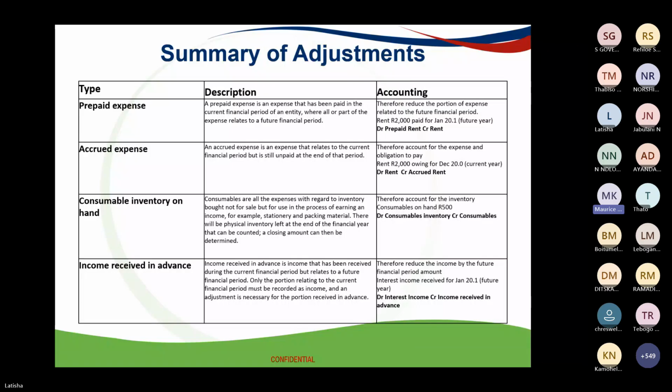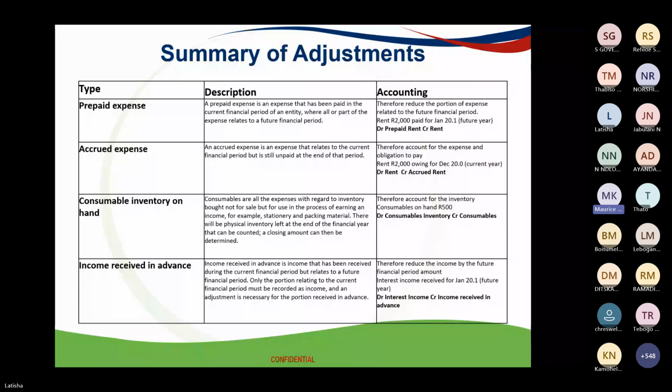So, for instance, if you received rent or interest for 13 months, that means in your financial records, you must adjust for the one extra month that belongs to the following year.